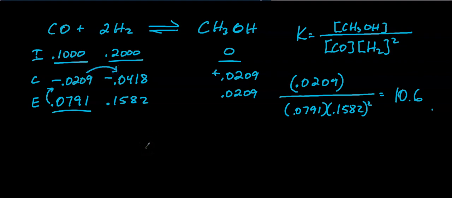If CO's concentration goes down by 0.0209, the concentration of H2 will go down by twice that amount, so 0.0418. And then I went to here. The concentration of CH3OH will go up by the same amount that CO is going down by, because we have a 1-to-1 ratio. And then I went here, and I went here.